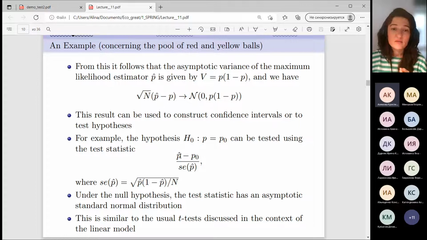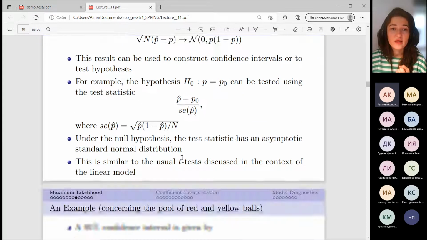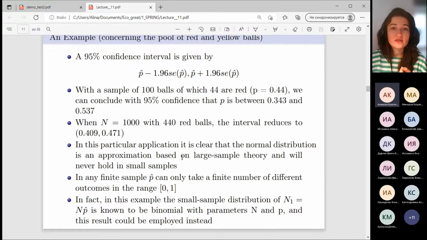The formula is the same, but here you need to put, if we continue our example about the red and yellow balls, here is the P. And also after you obtain the standard errors, you can find the confidence interval.